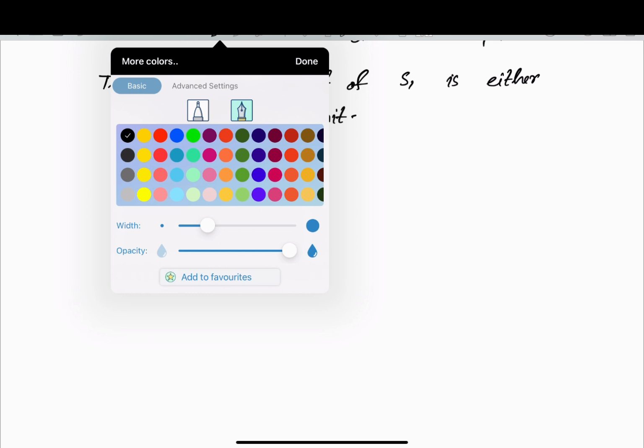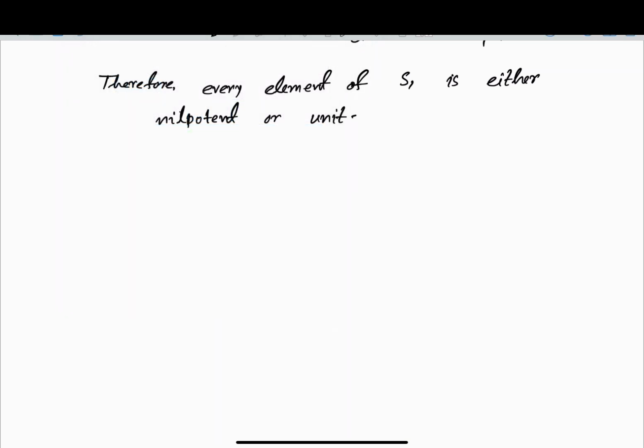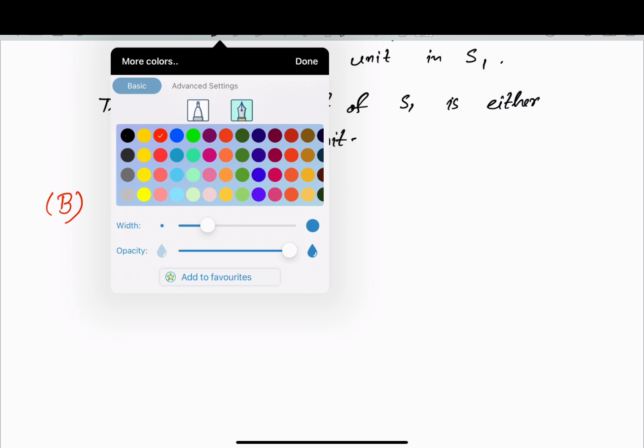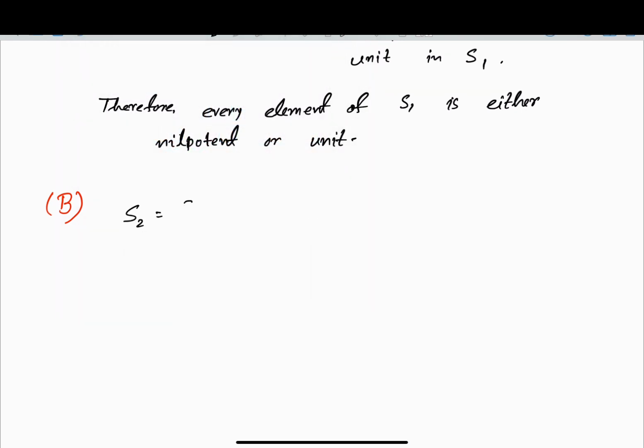So let's come to B. It is saying that S2 has exactly one maximal ideal, which is Z2[x] mod x square.